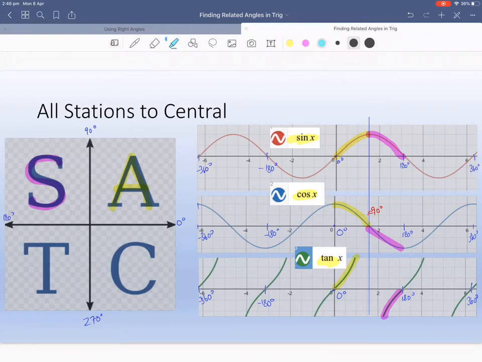Okay, let's look at the next one. From 180, I'll have to do another line actually. This line here is 270 degrees, so roughly 270 degrees. So what happens between 180 and 270 in the graphs? Well, sine is negative, cos is negative, but guess who's positive?